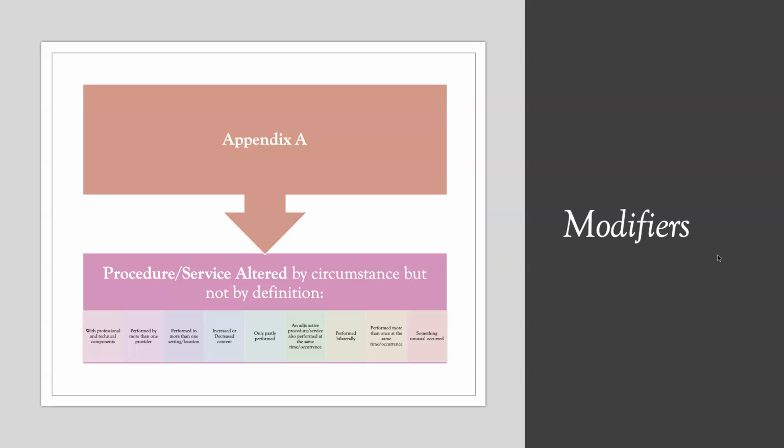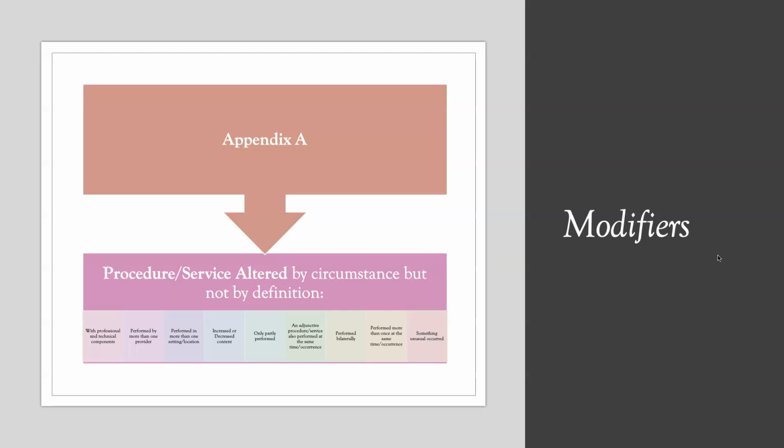All right. So, some examples. All right, again, the procedure or service is altered by circumstance, but not by definition. So you're still doing the procedure or the service, which is the CPT-4 code, but circumstances around that performance are altered.